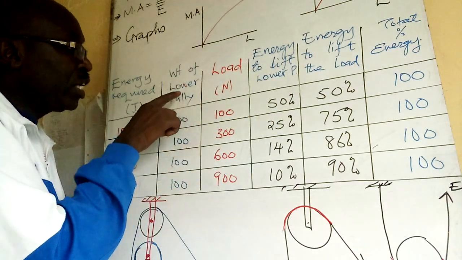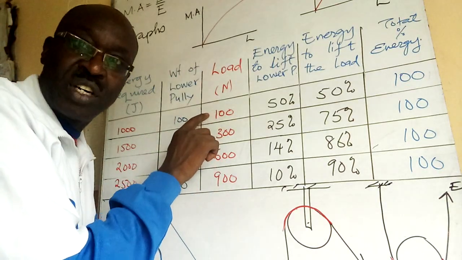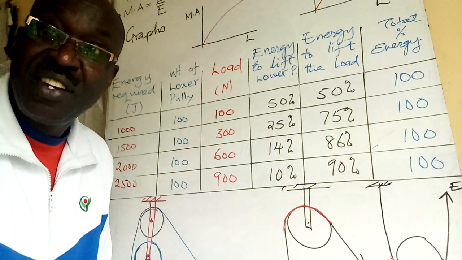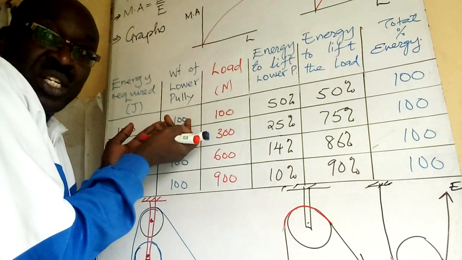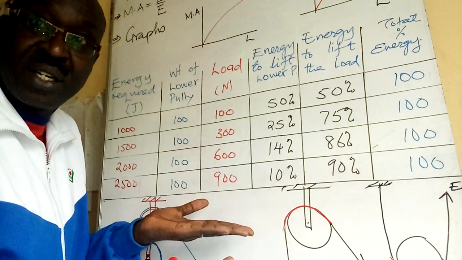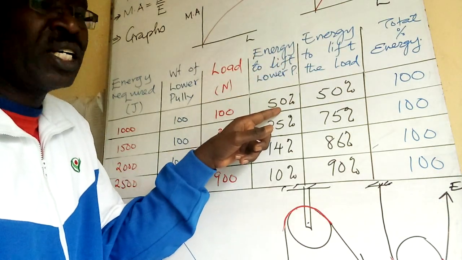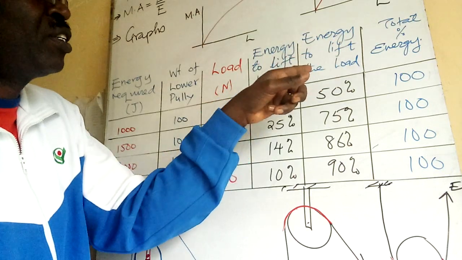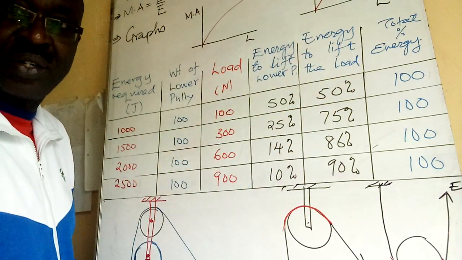If the lower pulley is 100 Newton and the load we placed is 100 Newton, then your energy is divided 50-50. 50 is used for this and 50 is used for that. So I've written here, the energy to lift the lower pulley is 50% and the energy to lift the load is 50%. Okay?